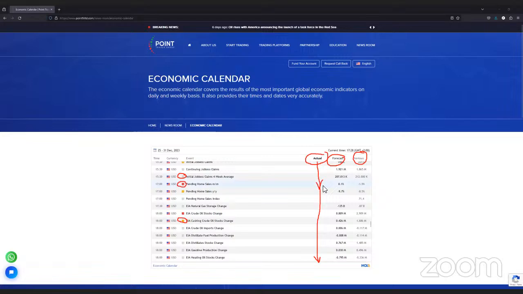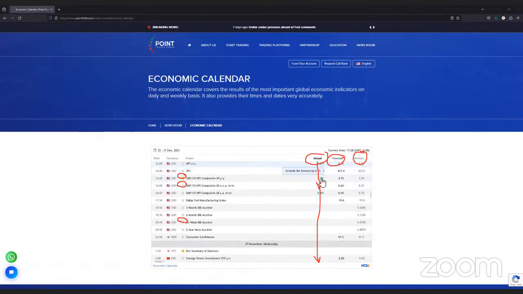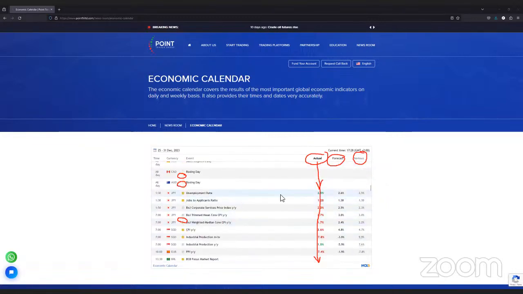So if we have a release, for instance, because of the holidays, we don't have too much data. So we have the unemployment rate that comes from Japan. As you can see here, the actual is 2.5, the forecast 2.6, the previous 2.5.